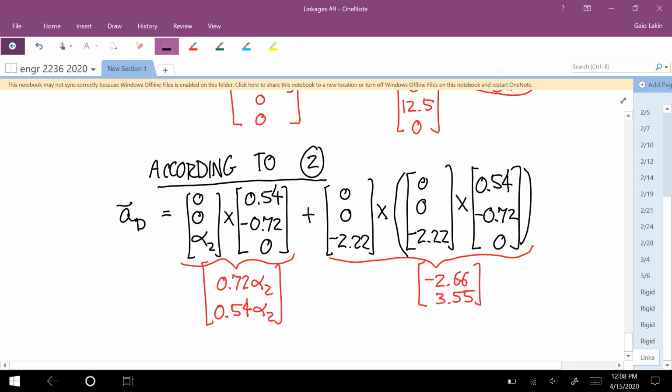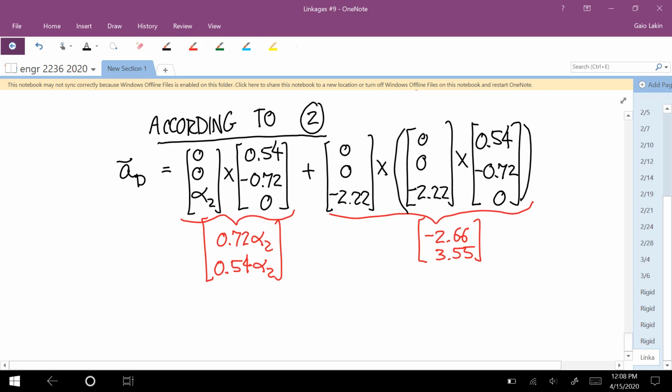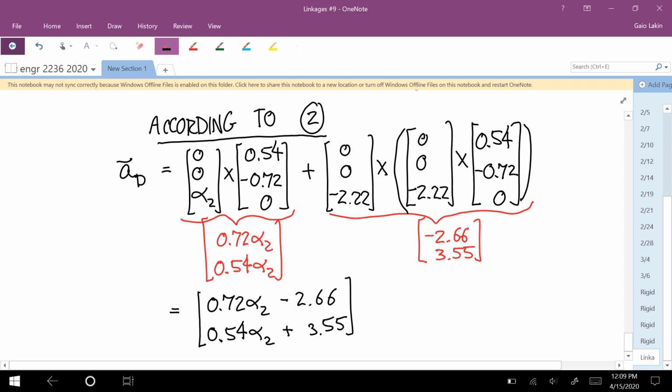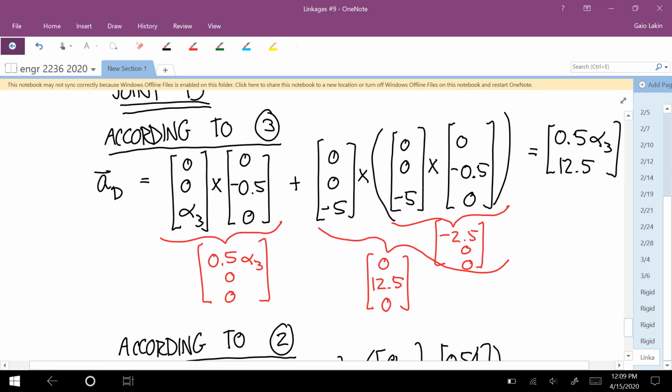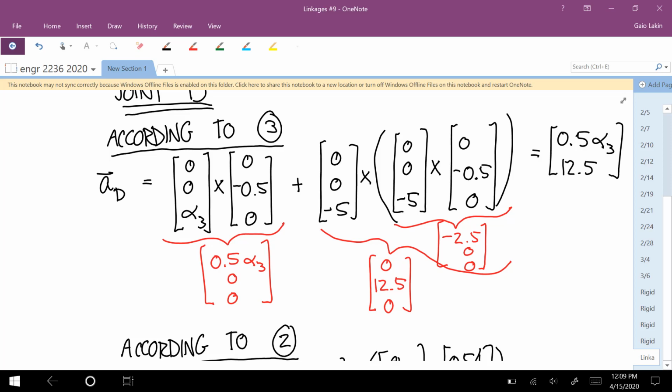And so this comes out to be, I'm going to rewrite that somewhere else. Okay, so this is equal to 0.72 alpha 2 minus 2.66, 0.54 alpha 2 plus 3.55. And now you can set these two equal to each other. The ADs have to match.